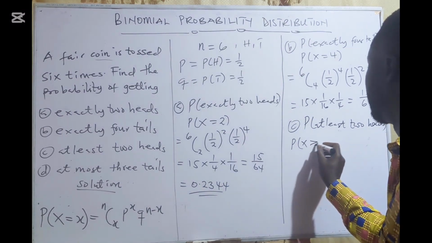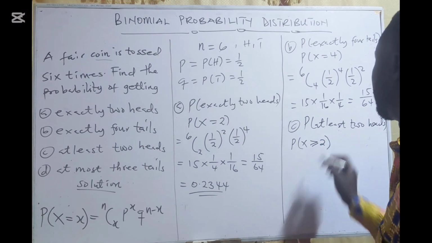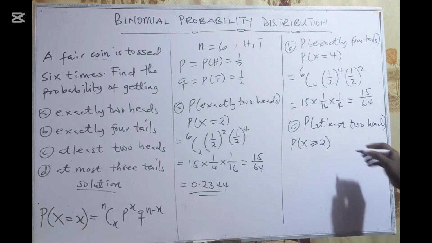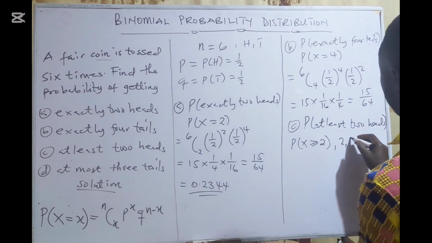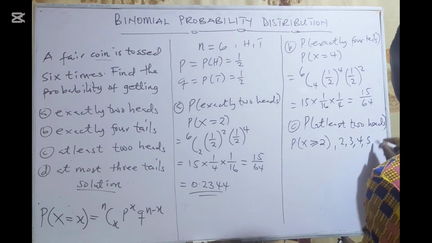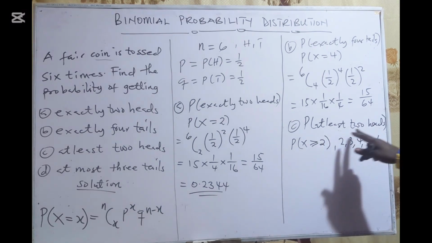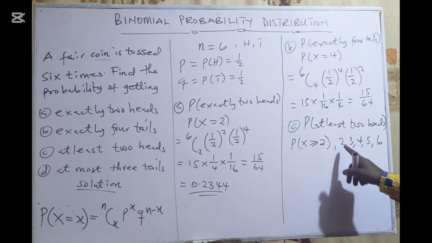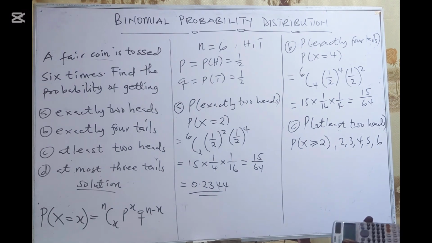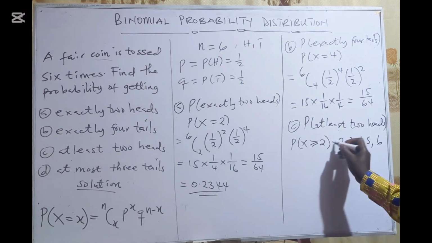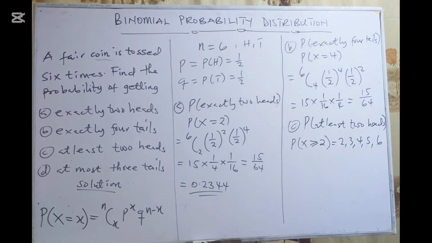So X is greater than or equal to 2. Alright. So it can be 2, 3, 4, 5, and 6, because we are tossing 6 times. So if I have at least 2 heads, then head can appear 2 times, head can also appear 3 times, or head can appear 4, head can appear 5, or head can appear 6. You see, this is the at least 2 heads.